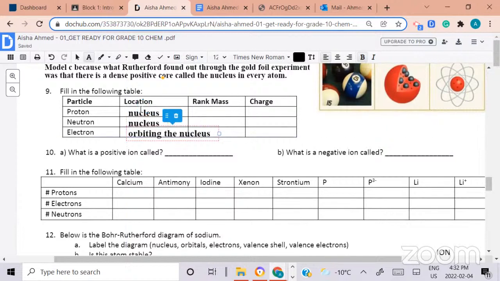Okay, and then charge, you would just write positive, neutral, negative. How do we write neutral? Just write neutral in words. Technically, there's that little circle you see before you write degrees Celsius, that means neutral.